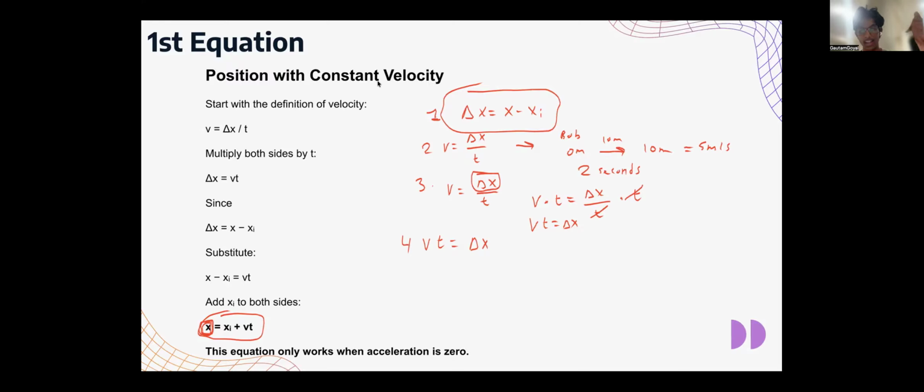And we know that delta x is x minus x sub i. We don't want x sub i in our final equation, or we do want it in our final equation, but we don't need it as what delta x is equal to, right? That can be on the vt side, right? So since we know delta x is equal to the final distance minus the initial distance.